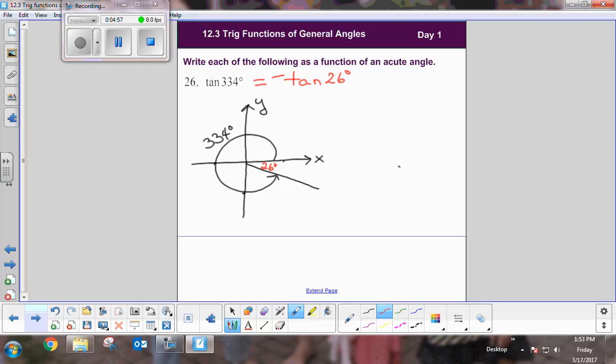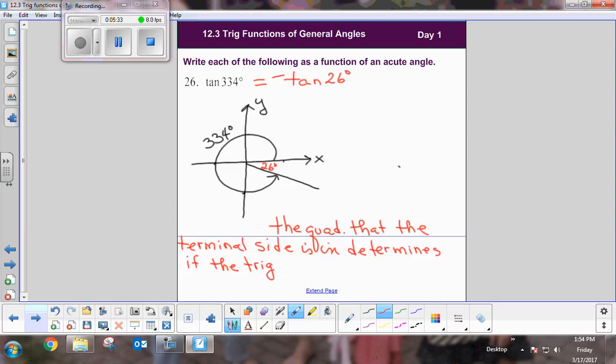26 degrees. To answer this question, what you want to do in writing each of the following as a function of an acute angle, it is the quadrant that the terminal side is in that determines if the trig function is positive or negative.